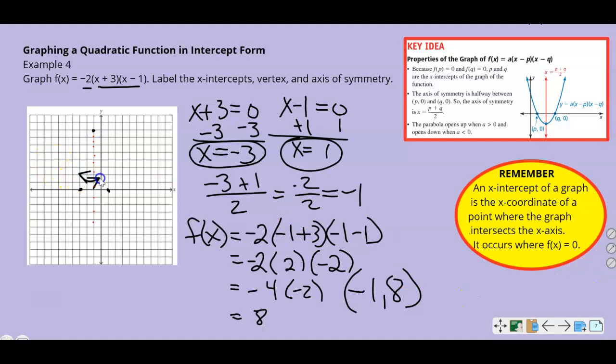So let's graph that. And that's how you would graph a function given in intercept form.